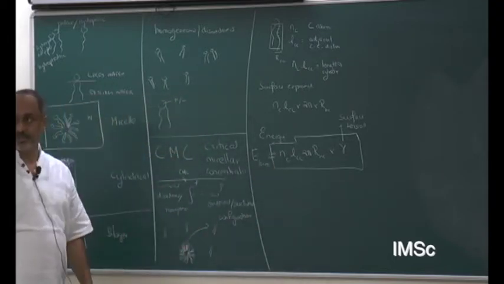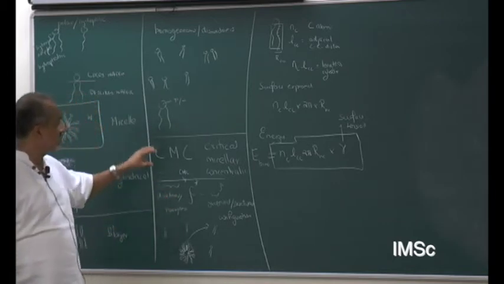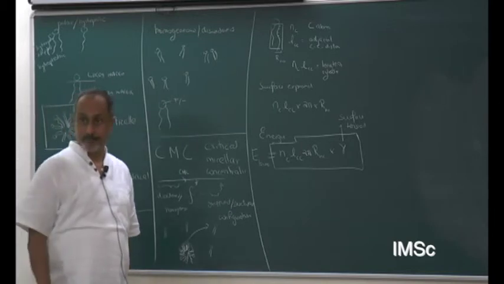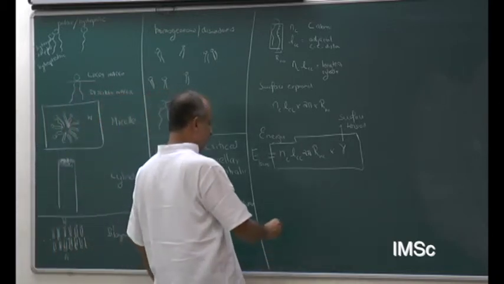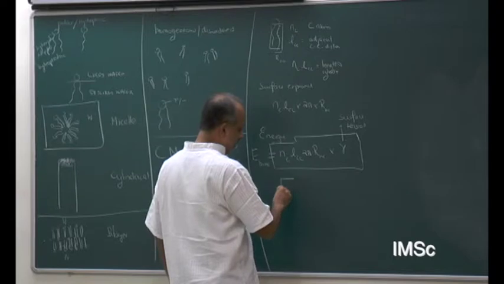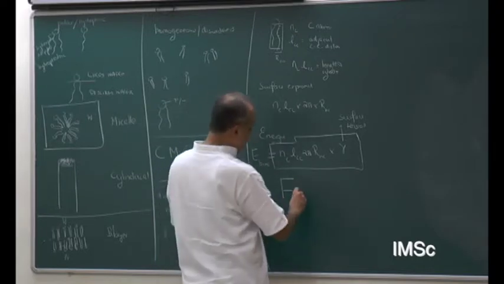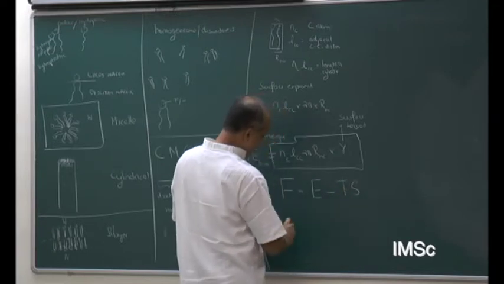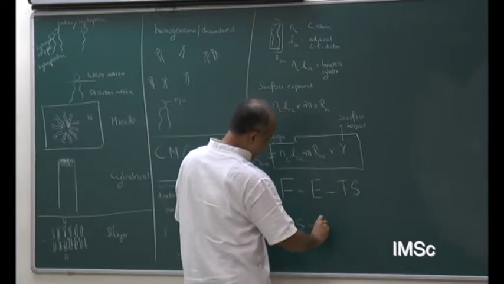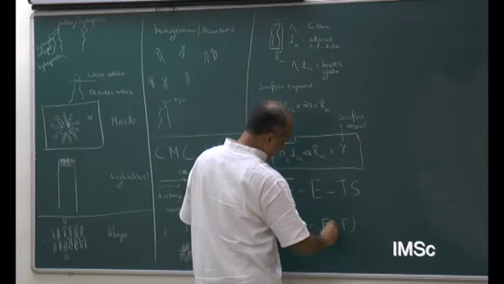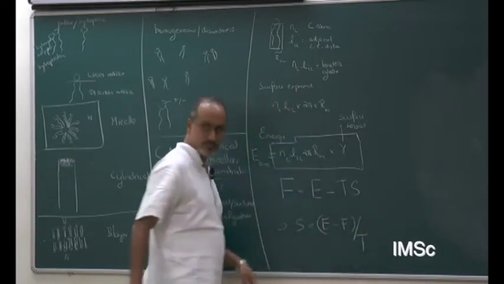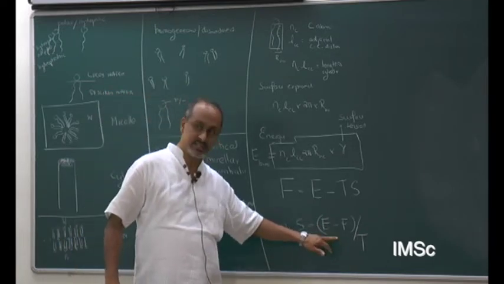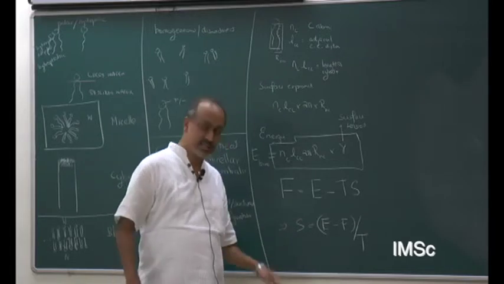The second part of the argument said, you have paid energy in order to come out here, but I have gained entropy. Can I count that entropy? To count it, we said suppose we can evaluate the free energy. Since the free energy is the internal energy minus the temperature times the entropy, the entropy is E minus F divided by T. If I could calculate my energy and my free energy, I can get the entropy.